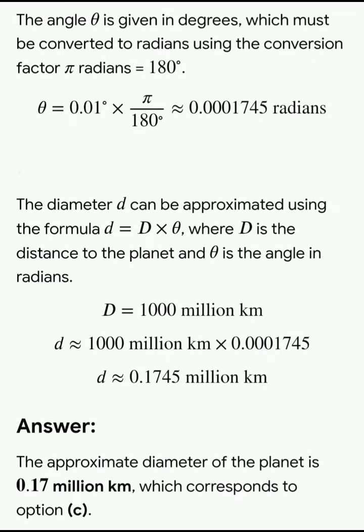So here the diameter d is equal to capital D into theta, where capital D is the distance to the planet. So here D is given as 1000 million kilometers. So small d is equal to 1000 into 0.0001745, and this is equal to 0.1745 million kilometers. So the answer is 0.17 million kilometers.